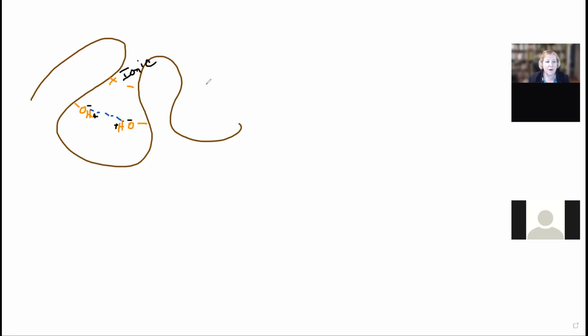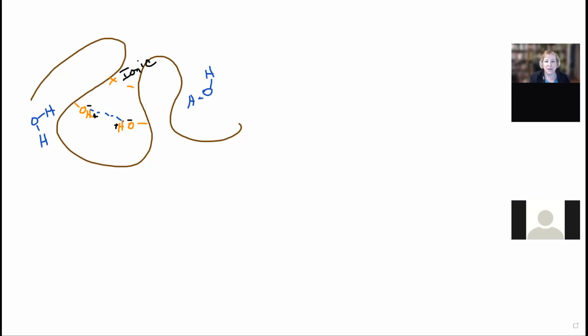Now remember, in this situation in the cell, we're in a water environment, okay? And all of these molecules are moving around, they're bouncing into each other and bumping into each other, okay? But these attractions should be enough to keep this part of the protein in its proper structure, what we call its native or functional state, okay?